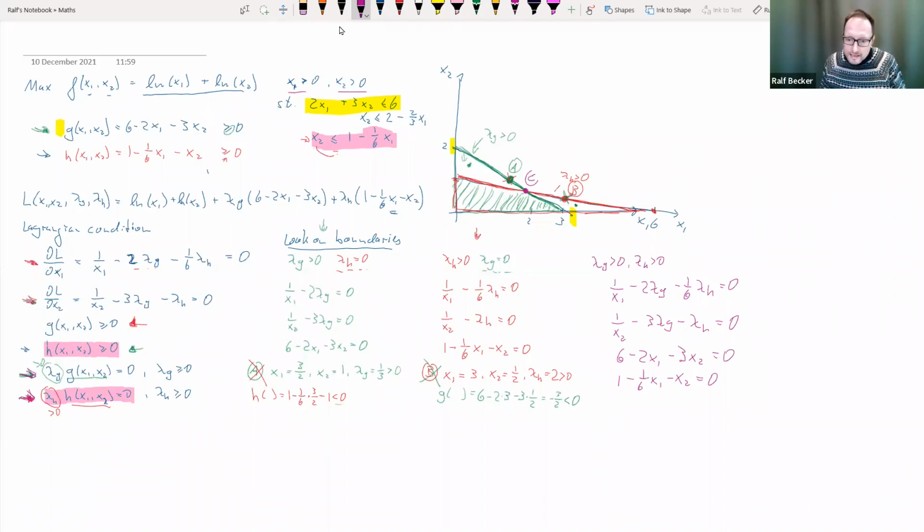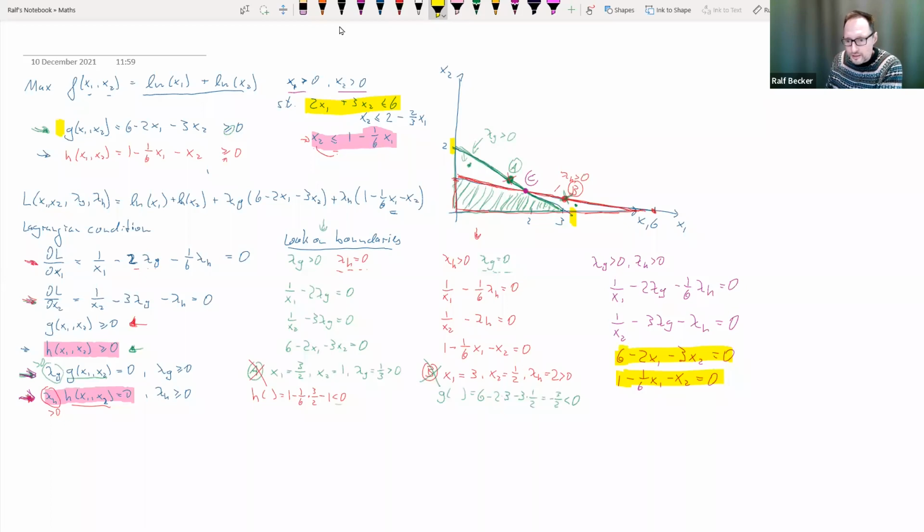I again spare us the algebra. There's algebra in the solution document, which I will publish in the weekly schedule where I link the recording. But perhaps in terms of strategy, there's a clever way to do this. If you look at these 2 equations, these are the 2 constraint equations.